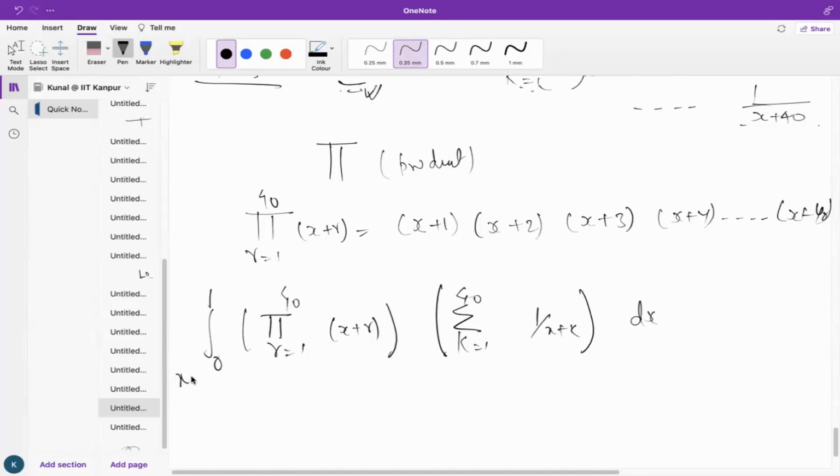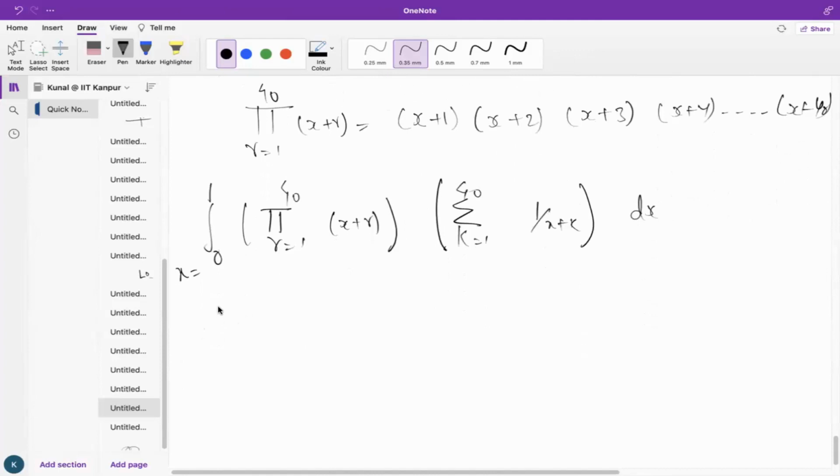The first thing to notice is that x varies from 0 to 1. Now, if we open this, what we get is x plus 1 into x plus 2 and so on up to the x plus 40 term, right?